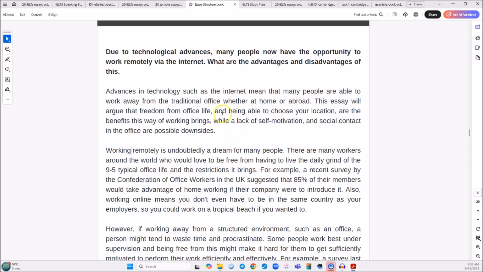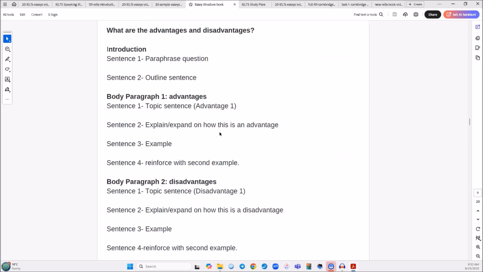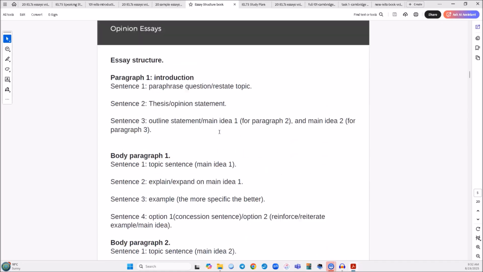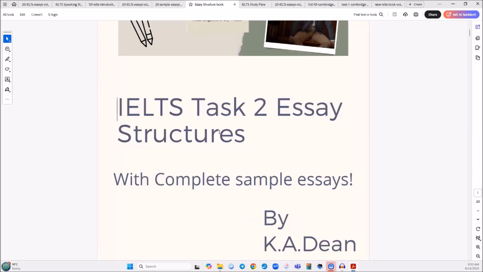This essay will argue freedom are the benefits, lack of self-motivation are possible downsides. Again, you have to go and watch this video on YouTube so you can see all of the things I'm explaining here, but still. So this is my essay structure book. You can find it on the site, Essay Structures, and complete sample essays, etc.